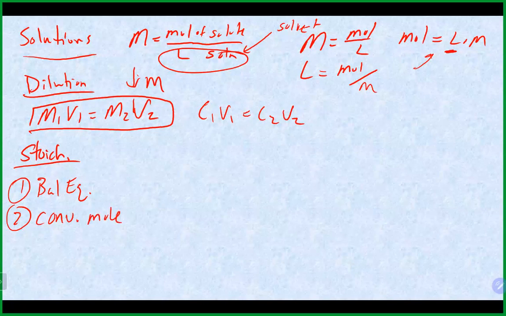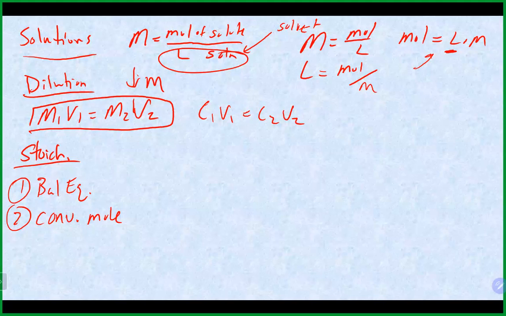Remember as well that you do need to analyze your stoichiometry problem, whether it be a regular stoichiometry problem, solution stoichiometry, gas stoichiometry, whatever type of stoichiometry problem it is. You want to make sure whether it is or is not a limiting reagent problem. Remember, to determine if it is a limiting reagent problem, you need to be given enough information to calculate the moles of both reactants.